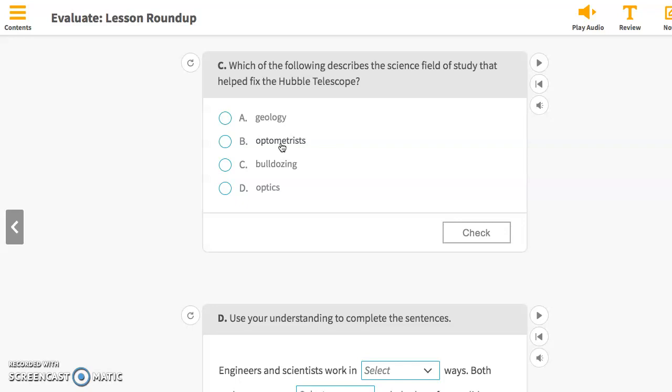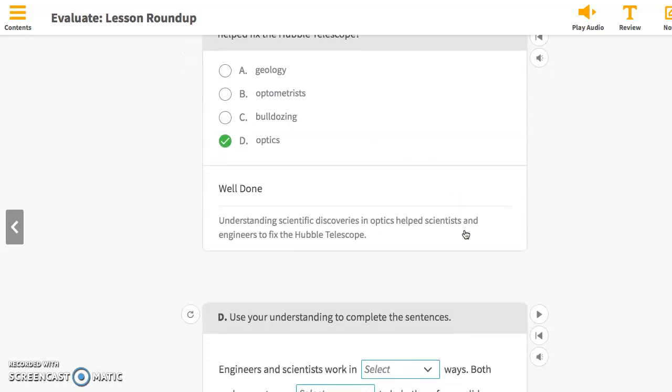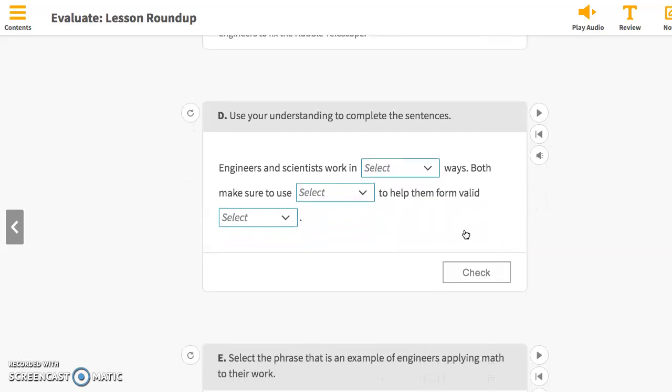Optometrists look at the eyes, but it's an actual job. Bulldozing has nothing to do with anything, and optics is using your eyes and how your eyes see. So that would be it. Well done. Understanding scientific discoveries in optics helped scientists and engineers to fix the Hubble telescope.